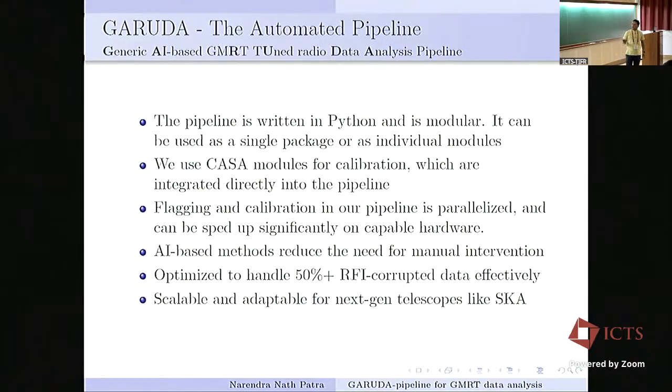Flagging and calibration have been parallelized, so it can run fast on capable hardware. The most salient feature is that it has an AI-based method which can identify bad data, RFI, and does not require manual intervention to look into the data and get rid of them.